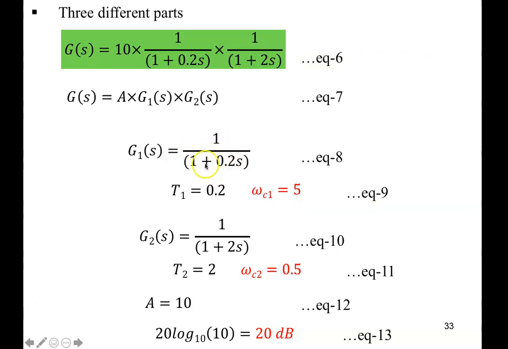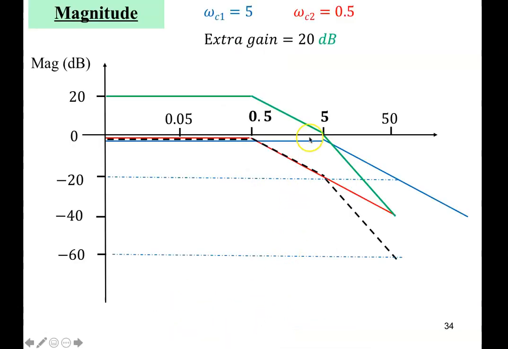G1 is 1 over 1 plus 0.2s. Omega C2 equals 0.5, which is for G2. And then I have an overall gain of 10 or overall gain of 20 dB. So I'm going to copy these 3 numbers down, and I'm going to put them on top there and see how we're going to deal with that.